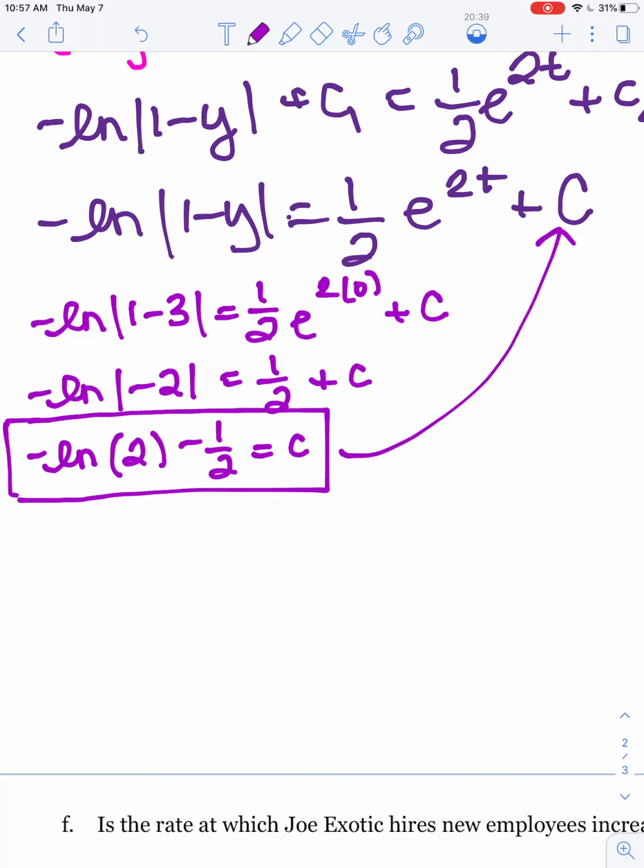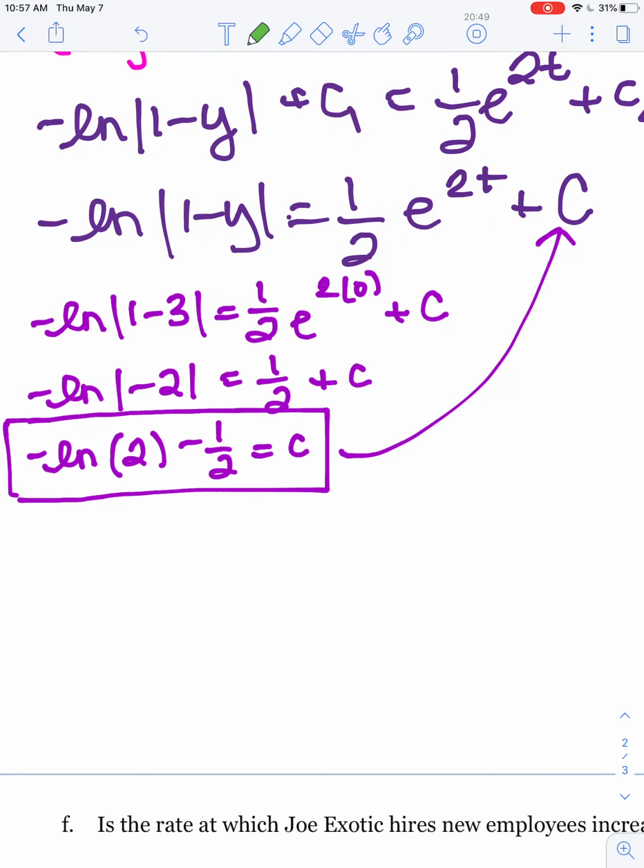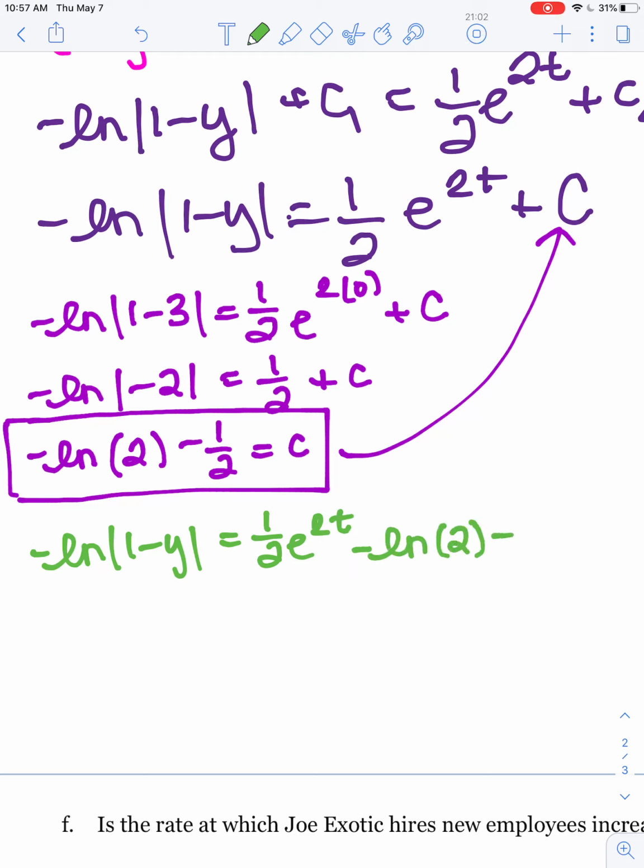So I need to go ahead and put that back into my equation and then work to solve for y. Okay, so at this point we have negative natural log of 1 minus y equals 1/2 e to the 2t minus the natural log of 2 minus 1/2.